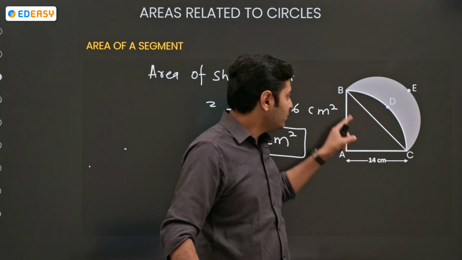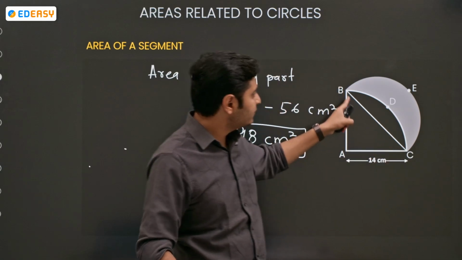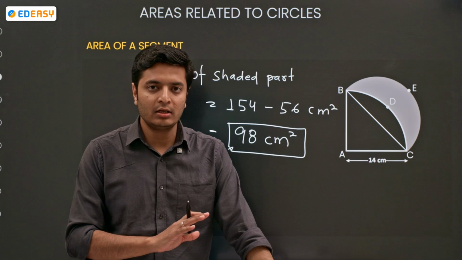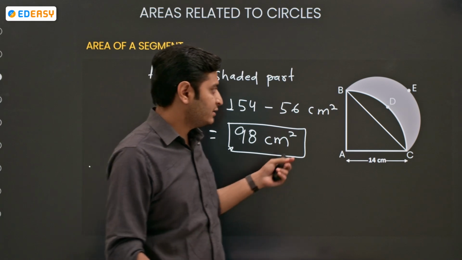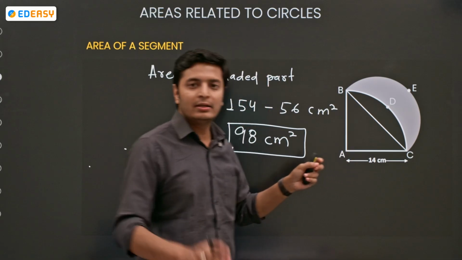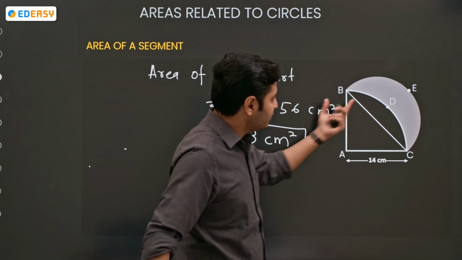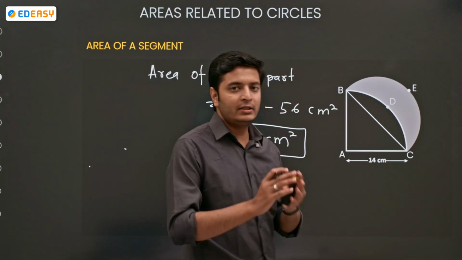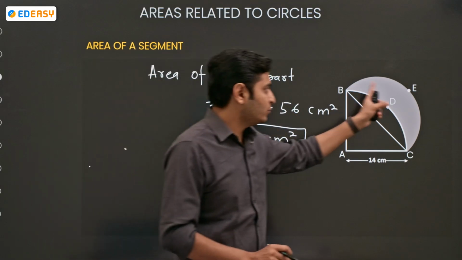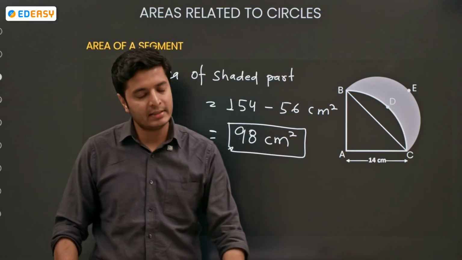But before that we need to find the length of BC, because that is the diameter. Using that we can understand the radius, that is 7 root 2. Using that information we can find the area of this semicircle. Then after finding the area of this semicircle and this segment, we just subtract them, and we are left with the area of the shaded portion, that is 98 centimeter square.